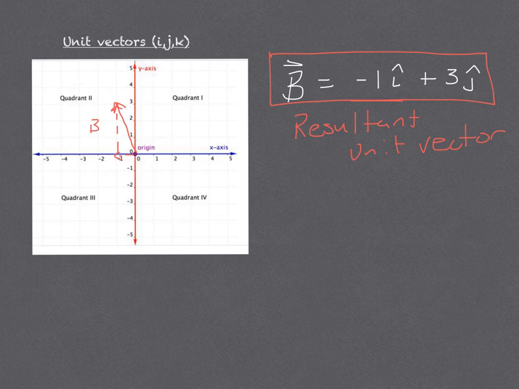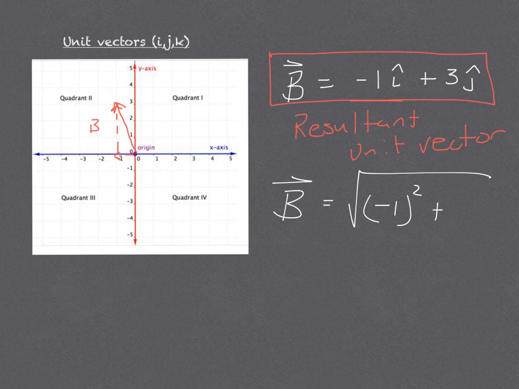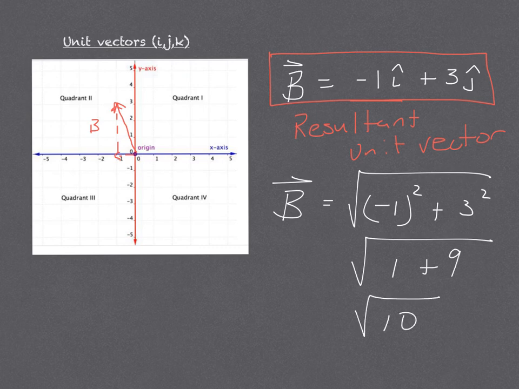Okay, so to figure out the magnitude of B, you would do the Pythagorean theorem on the magnitudes. So there you go.